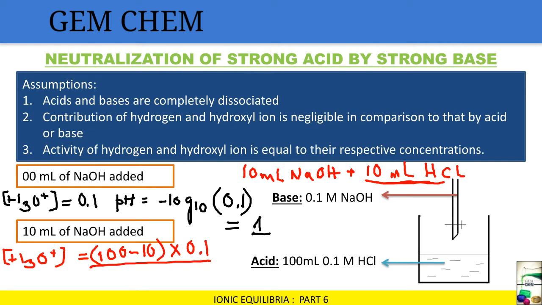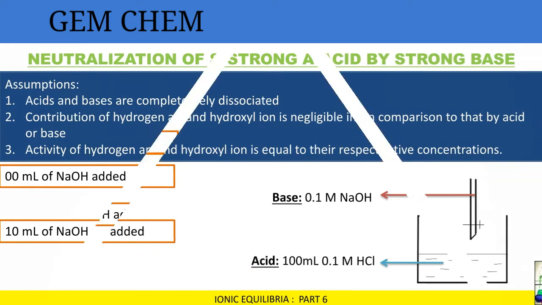The total volume in the presence of HCl is 100 plus 10 ml of NaOH added, so it is 110. For pH we use the formula pH equals minus log base 10 of the H3O+ concentration, and we get 1.09 as the pH for 10 ml of NaOH added.